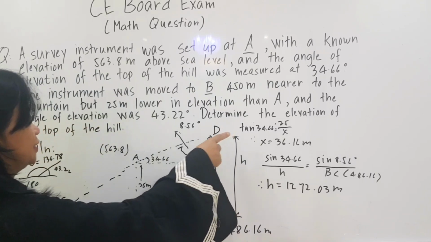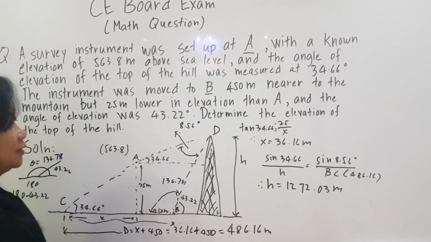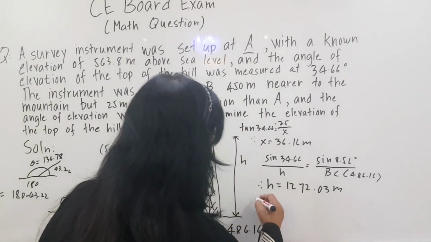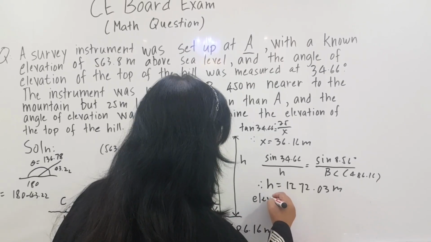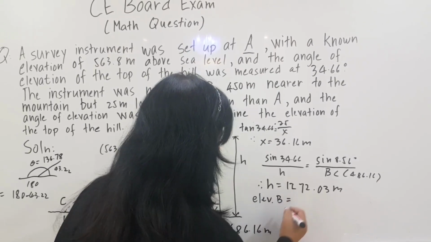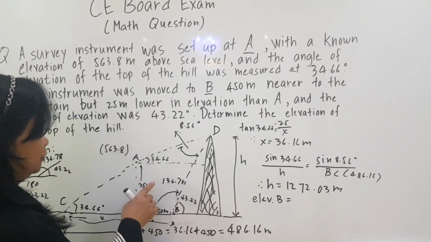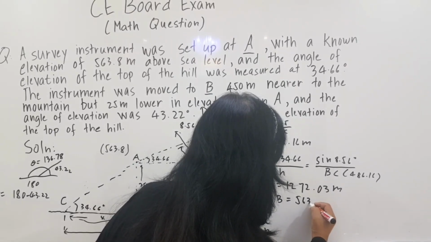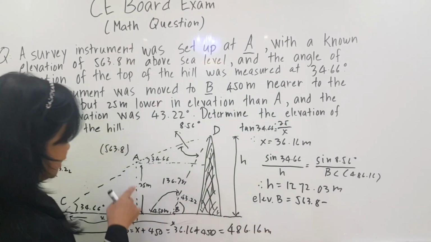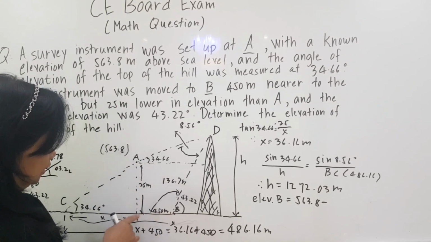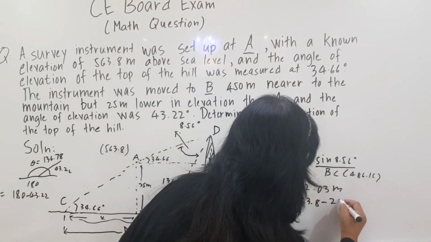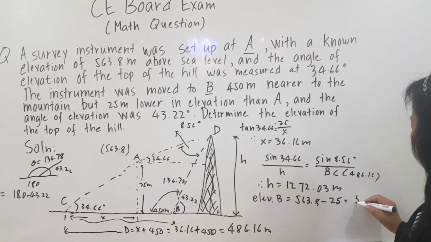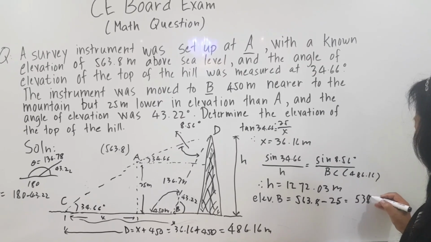But here we're looking for the elevation of the top of the hill. So the elevation of the top of the hill is equal to H plus the elevation of B. But first you have to find the elevation of B. The elevation of B from the sea level is equal to the elevation of A, which is 563.8, minus 25 meters, because the difference between A and B is 25 meters. Therefore, the elevation of B is 538.8.